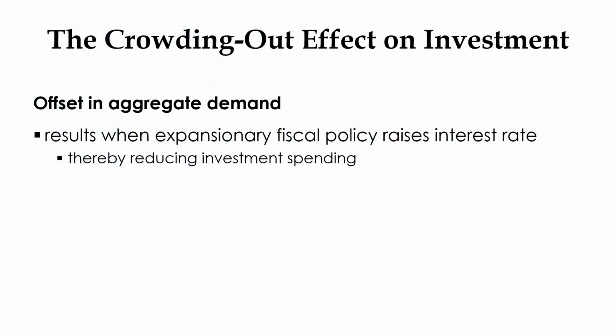So basically the crowding out effect works in the opposite direction than the multiplier effect does. So the crowding out effect is an offset of aggregate demand. It results when the expansionary fiscal policy, that $5 billion in extra government expenditures, ends up raising the interest rate.